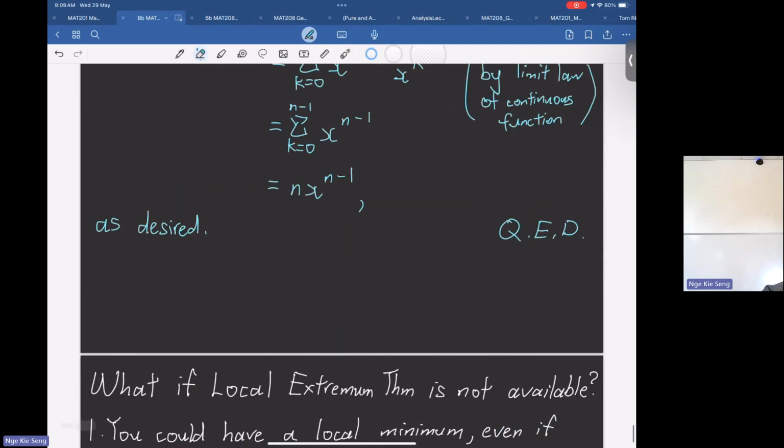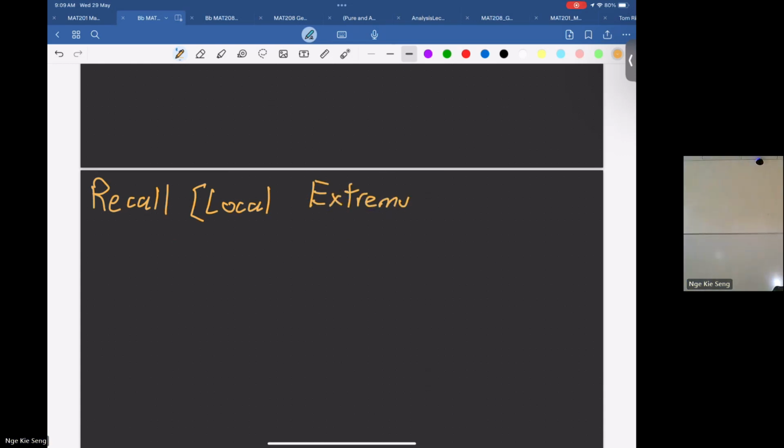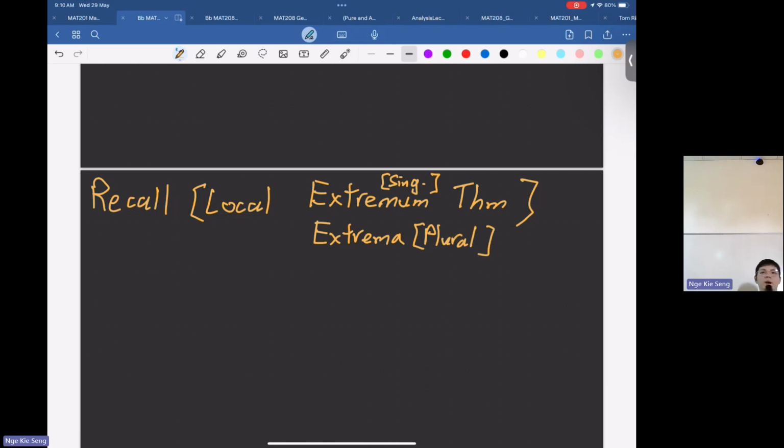And one more thing about yesterday's one. Let's recall the local extrema theorem. Local extremum theorem. By the way, extremum is singular. If you want to use the plural, it is extrema. If you want to talk about a lot of extremum, it is extrema.